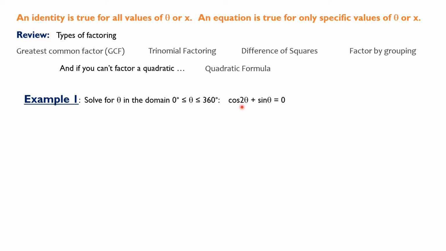The problem is here we have 2 different angles. We have the 2 theta and a theta here. We need matching arguments, is another way of phrasing it, of trig functions. So we have a double angle here and a single angle here. That's a bit of a problem. We also have a cos and a sine.